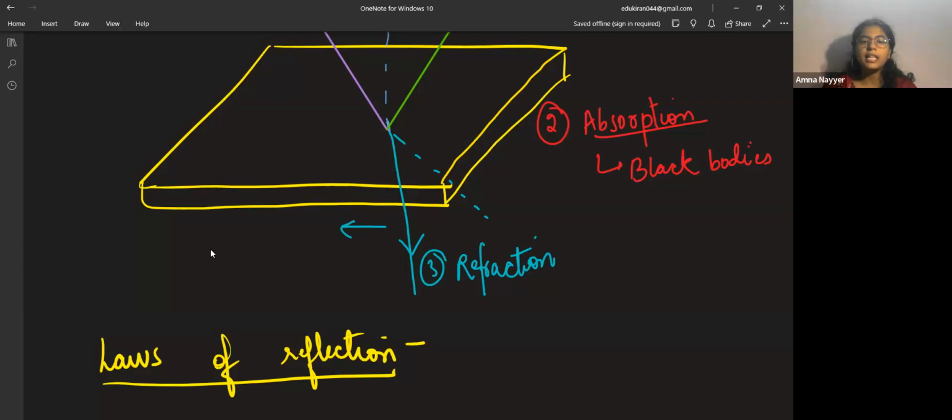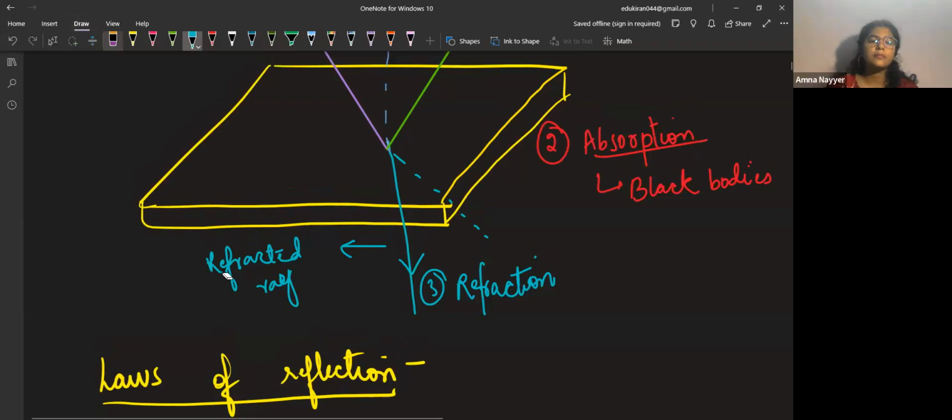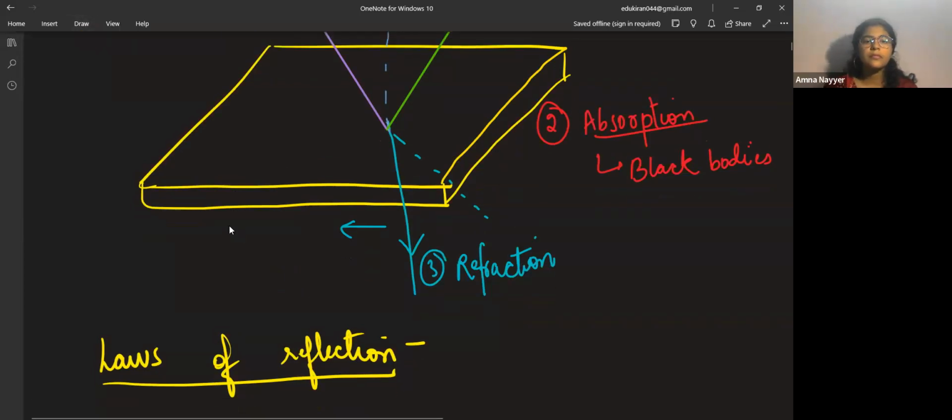And this ray of light is known as the refracted ray.